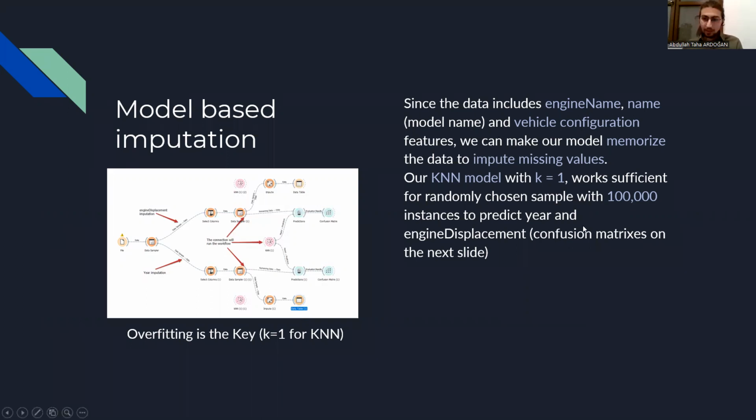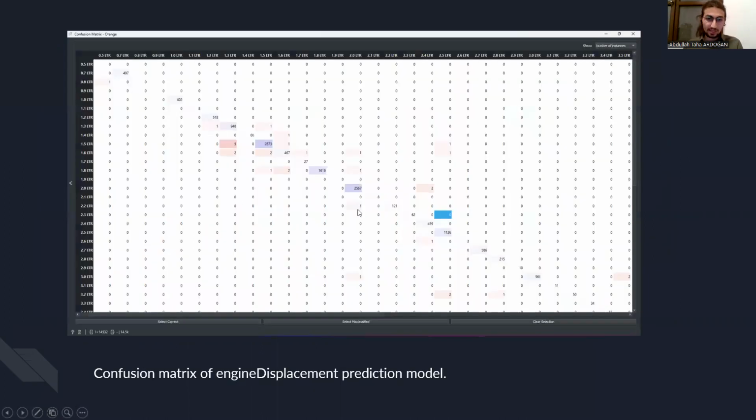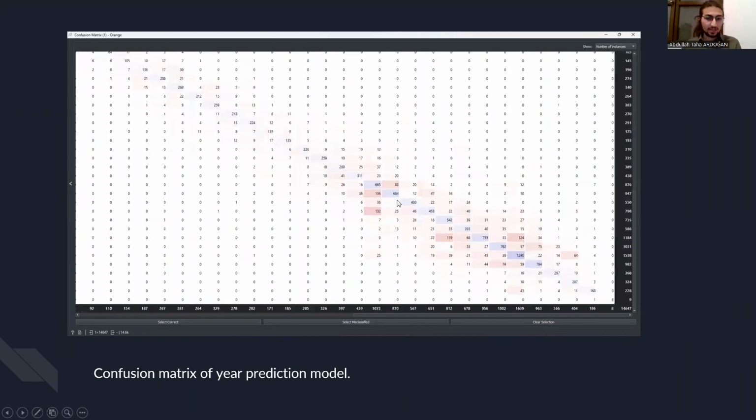We have some results, confusion matrices. As you can see, this is the engine displacement result. It's fairly successful. There are just a few mispredictions, but mostly it predicts well. This is the year model.